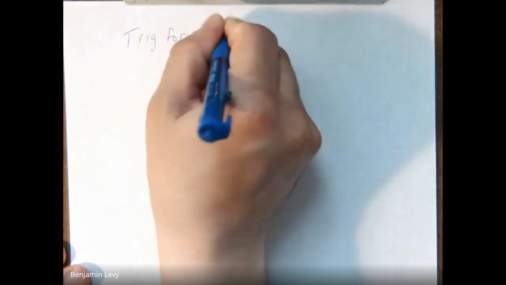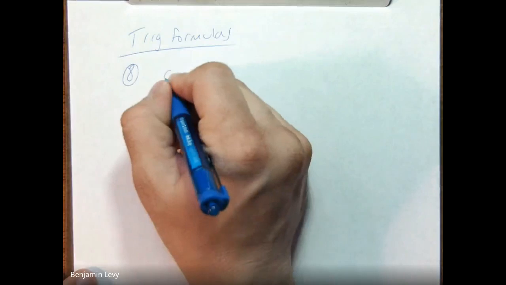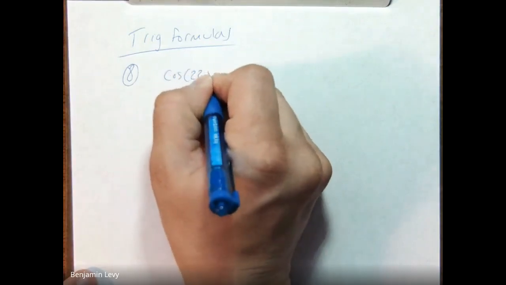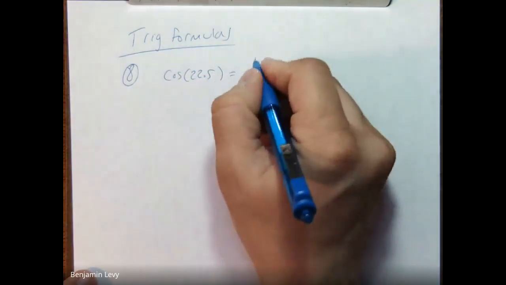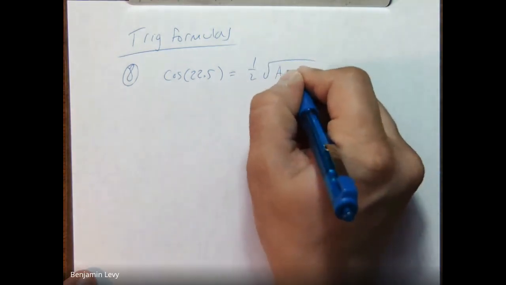Again, this web work is due tonight. And we looked at a couple of these in class yesterday, by the way. So if you're still confused about this stuff, you might want to review the notes I posted from yesterday and potentially the video from yesterday. So this is problem number 8, and it says cosine of 22.5 equals something that looks like this.